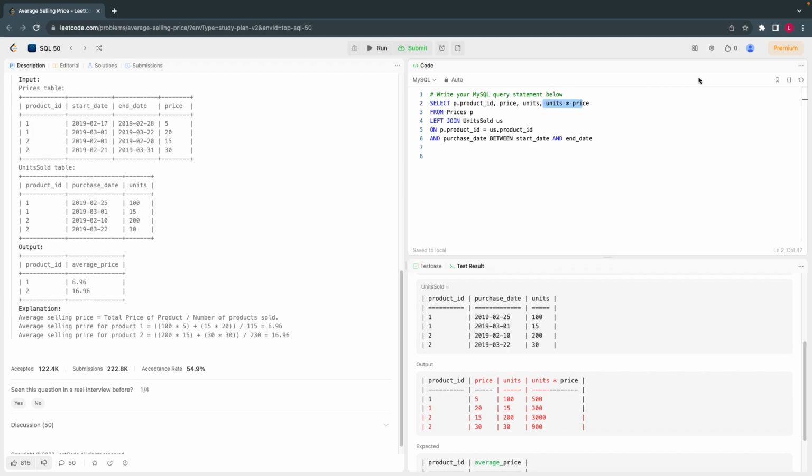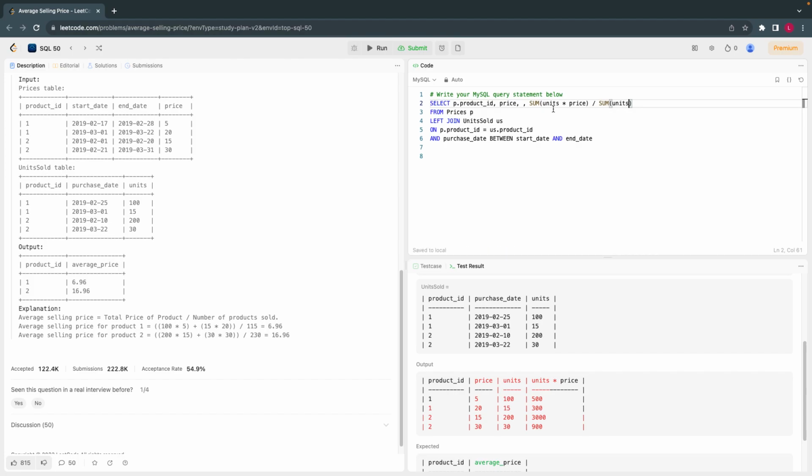So that's the reason I'll use the sum of this divided by the sum of this. Just understand what I'm trying to do: because we have to calculate for each product, I just have to combine these two as sum.